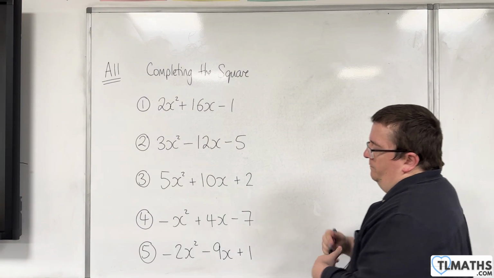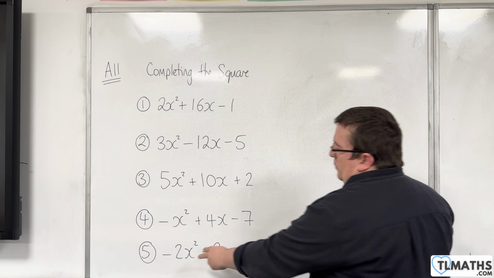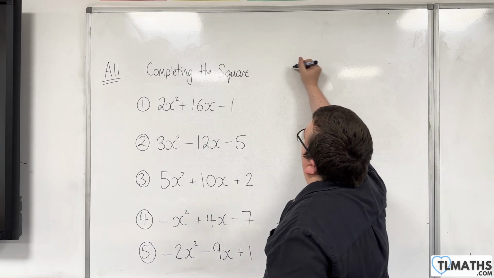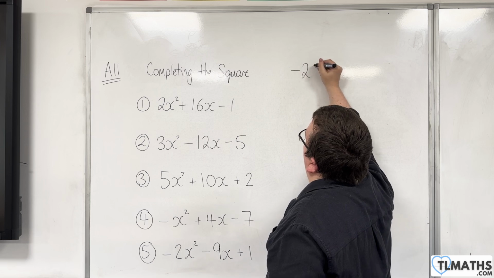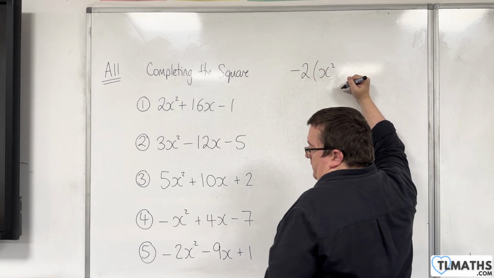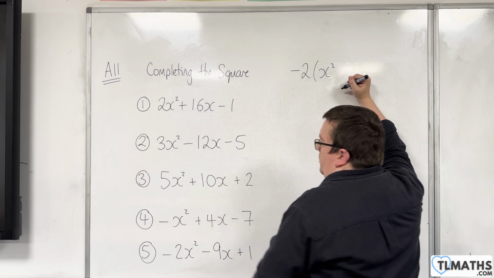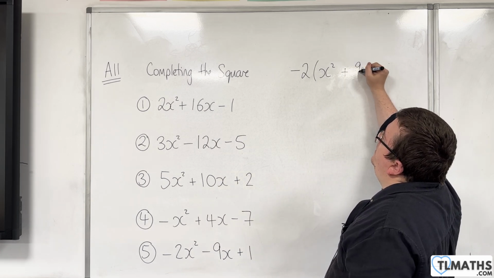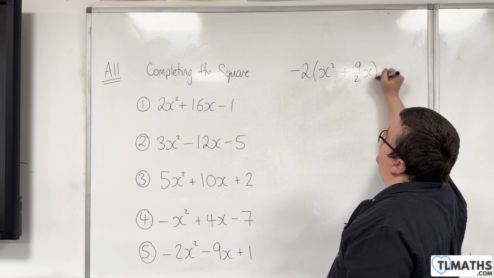So the last one, number 5, we've got minus 2x squared take away 9x plus 1. So first of all, we need to factor minus 2 out of the first two terms. So we're going to have x squared. Now if we're factoring minus 2 out of minus 9, we're going to have plus 9 halves x.